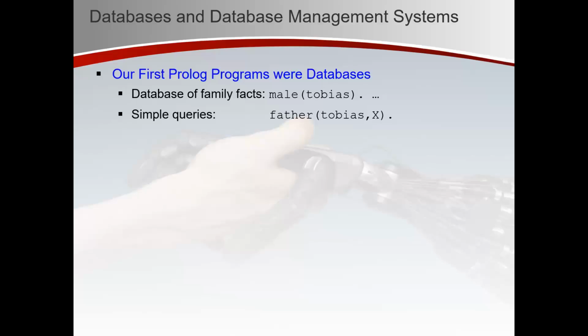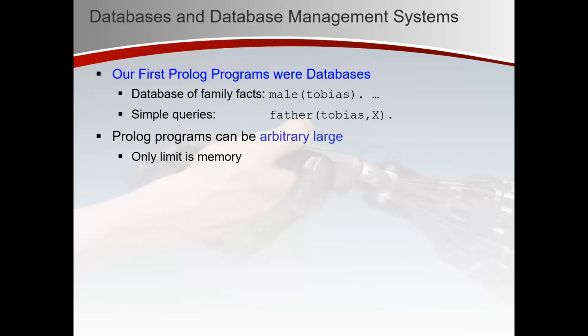And we get all the X for which this relation is true. We have seen that Prolog programs can be arbitrarily large, so there's no limit, like the program can have at most 10,000 lines or 1 gigabyte or whatever. Basically, only the memory in your computer is the limit.